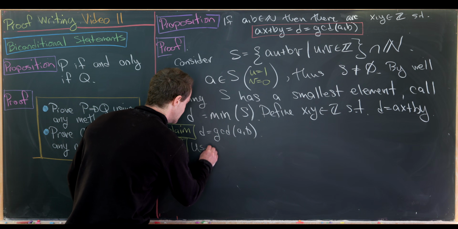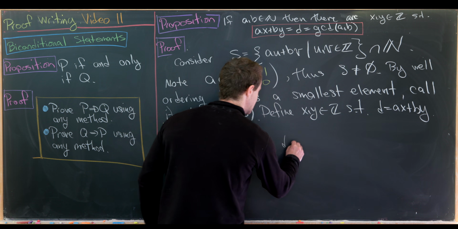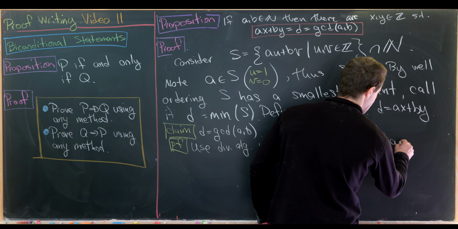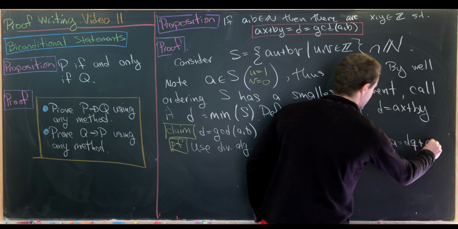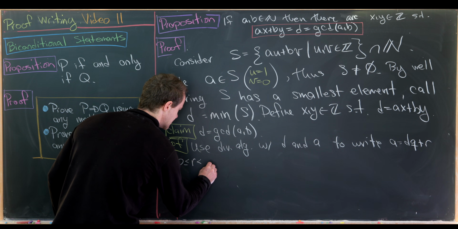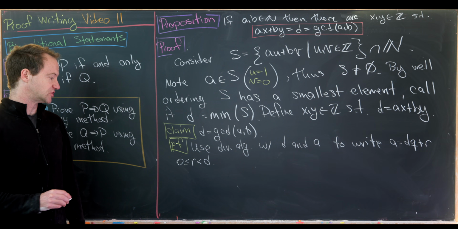So now let's use the division algorithm with D and A to write A equals D times Q plus R, where R is between 0 and, let's see, D. Great. So again, like I said, that's the division algorithm.